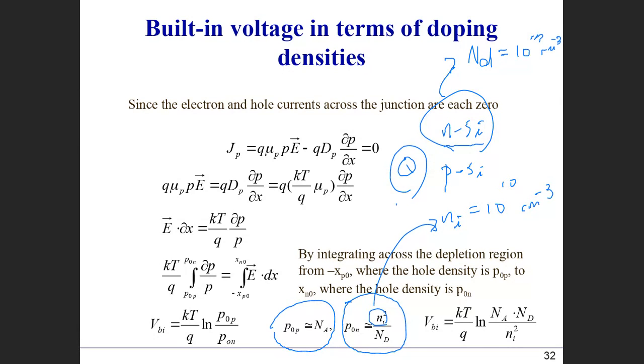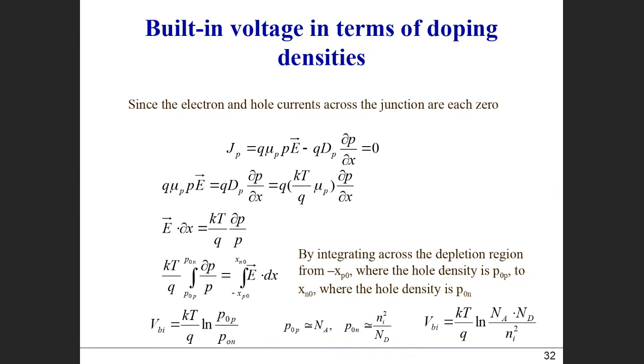This is the basic formula that we often use throughout different devices, so you have to understand what the minority carrier and the majority carrier are.